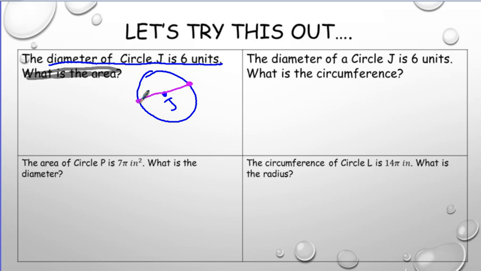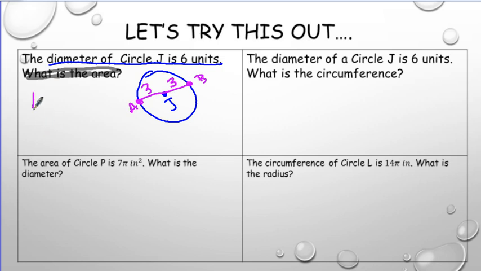And it told me it was 6. So if this whole thing is 6, then that means from the center to this point here is 3. And from the center to this point over here is also 3. And you can call it whatever you want. We'll call it AB. So AJ to BJ is going to be 6. Each of those pieces are 3, and if you add them together, you get 6.